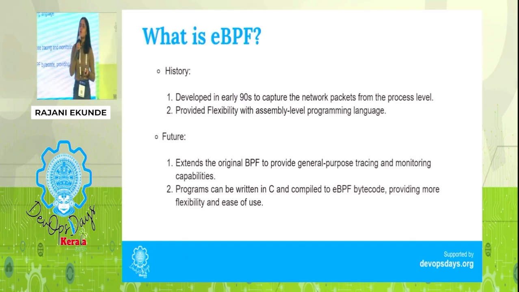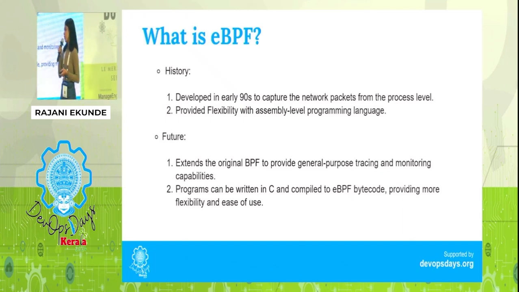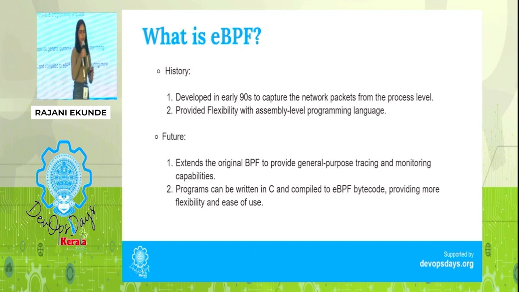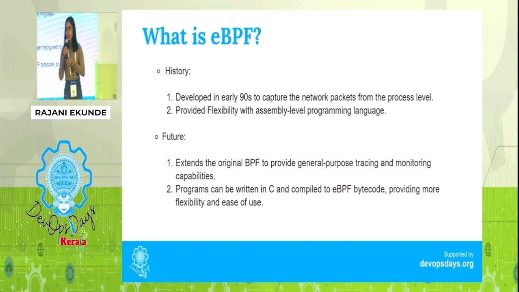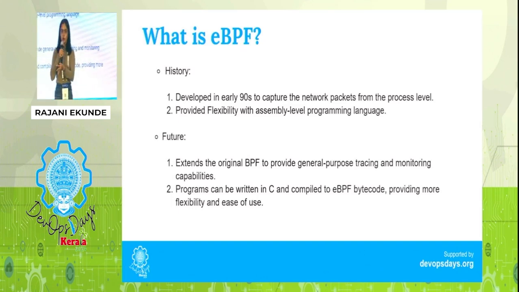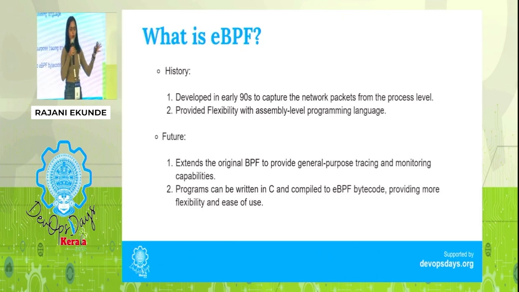So what exactly is eBPF now? eBPF is a technology that gives you the privilege to write your own programs and load them directly into the kernel level, without affecting the main source code of your kernel.